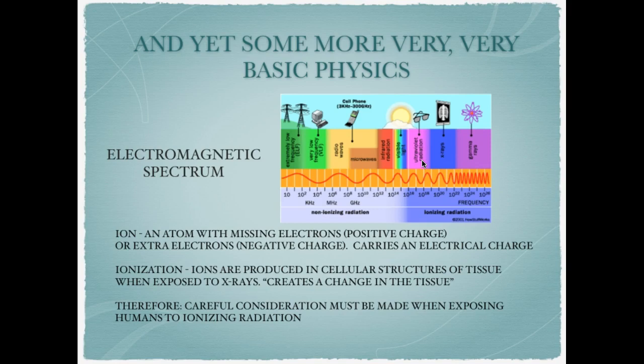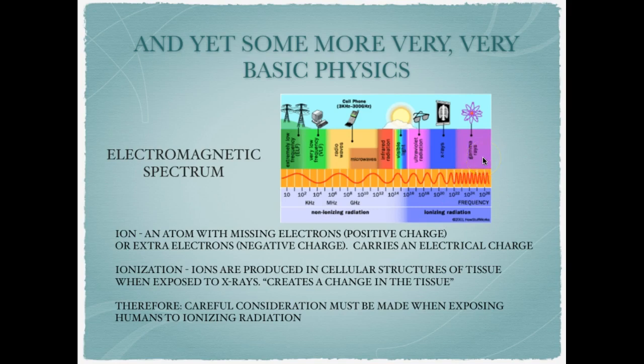That's changing your tissue. Then we have X-rays that are used in, of course, medical and dental settings, and these do cause tissue changes. So that's why we need to be very careful about when we use X-rays, because it does cause tissue changes to the cellular structures of the tissue.